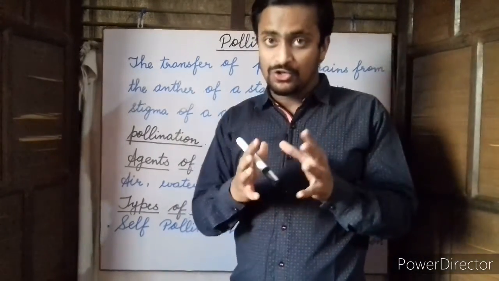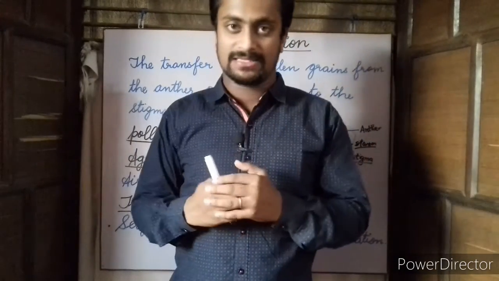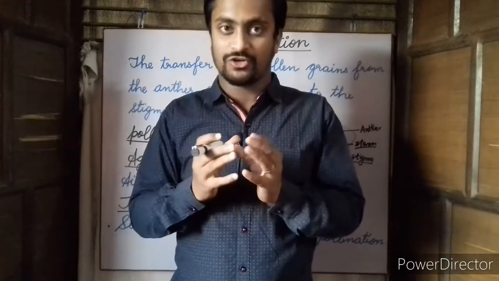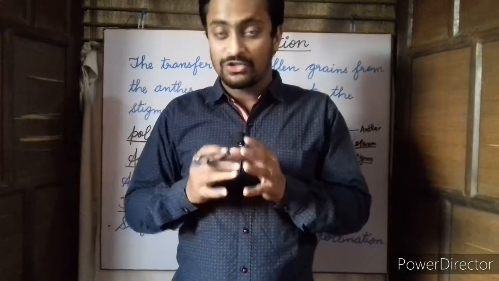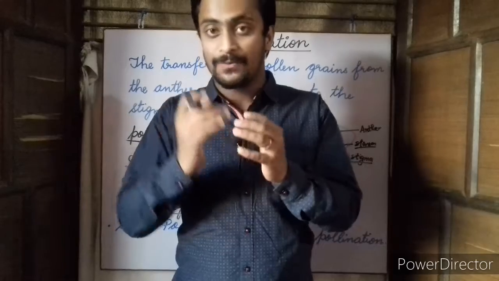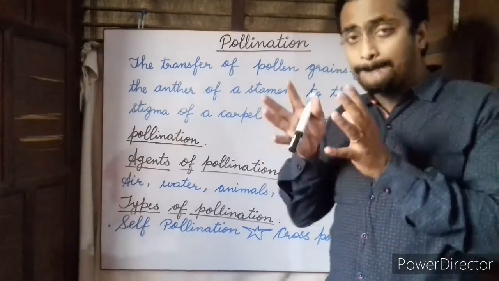Pollination means the process of transfer of the male sex cells or the pollen grains from the anther, which is a sac-like structure in the male reproductive part called the stamen, to the stigma, which is the sticky part present in the female reproductive organ, called the carpel or the pistil.